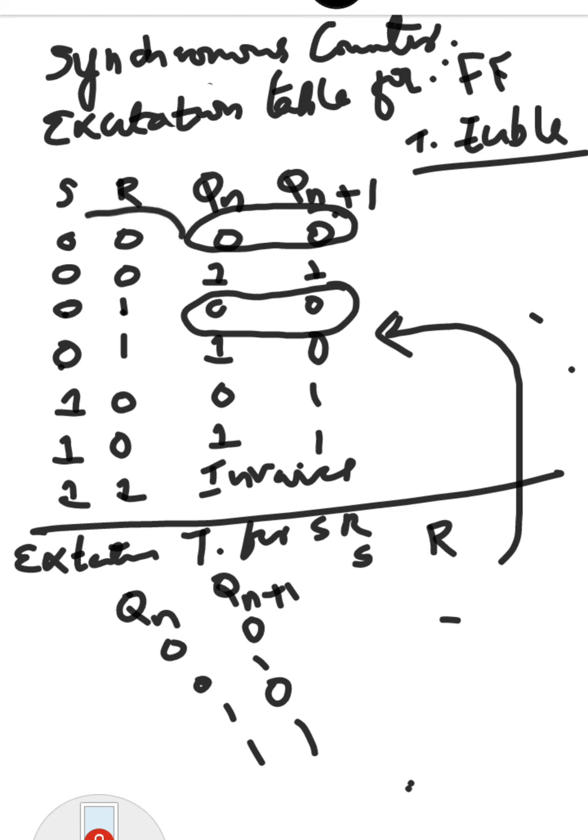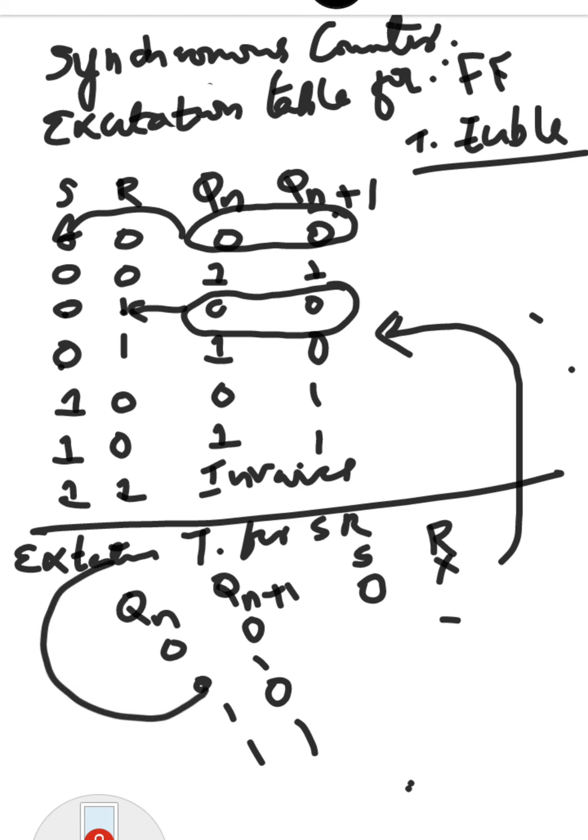For that condition, observe what are the values for S and R. In the first case, S equal to 0, R equal to 0. Second case, S equal to 0, R equal to 1. So in both cases, S remains 0 and R changes to 0, 1. So S must be 0, R can be anything. So we put a don't care here. So this is the meaning. 0 0 0 X.